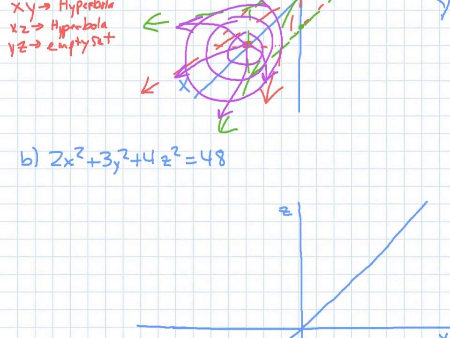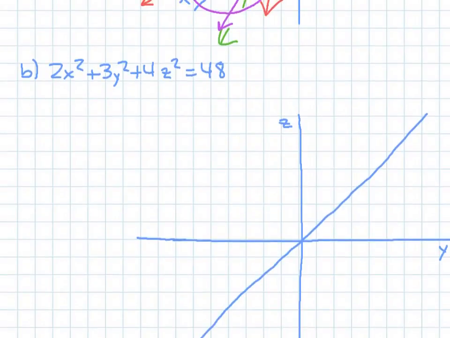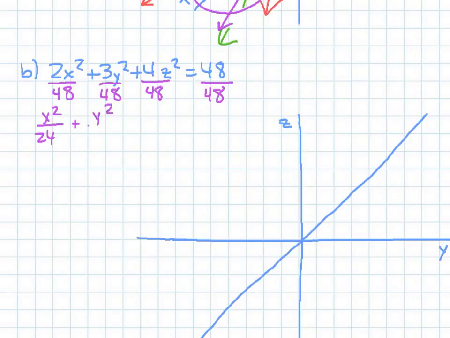Now you got a sneak peek at 1B from that last slide, but here, same thing. I want to get everything equal to 1. Okay, so that gives me x squared over 24, y squared over 16 plus z squared over 12 equals 1.